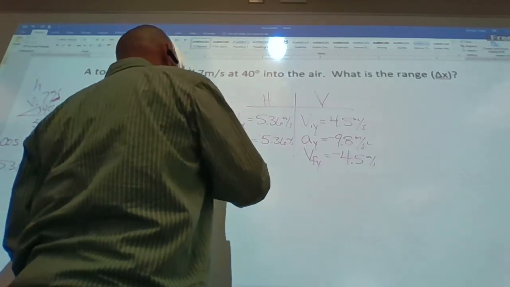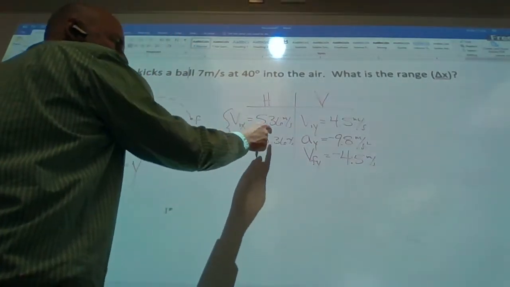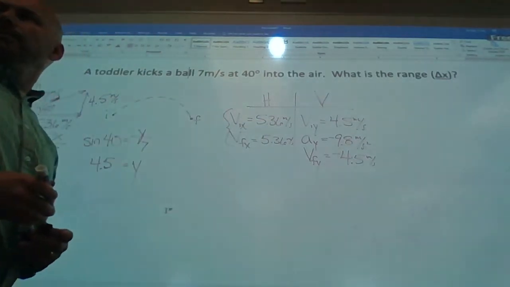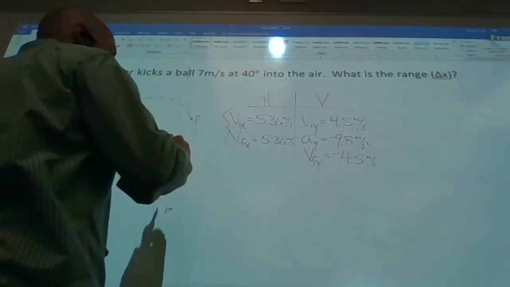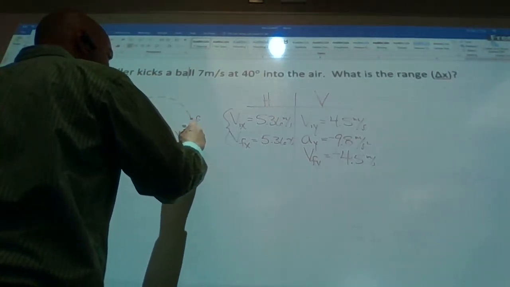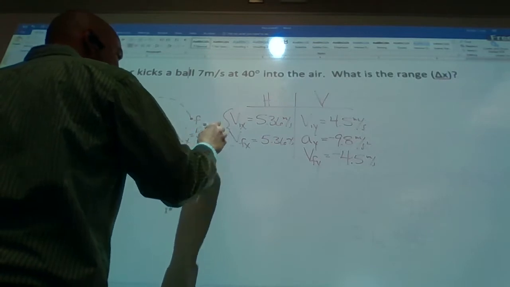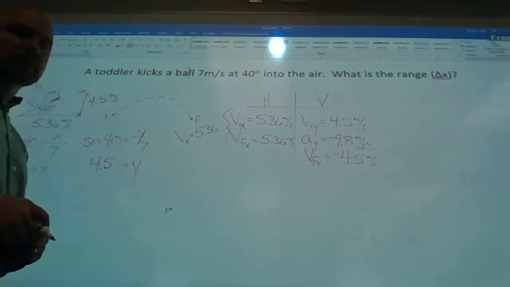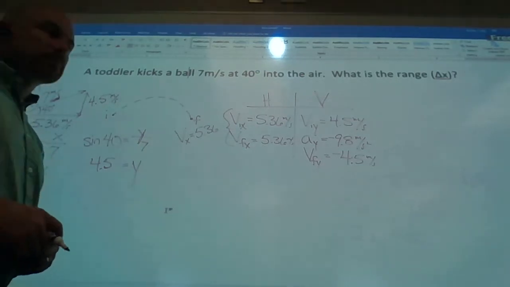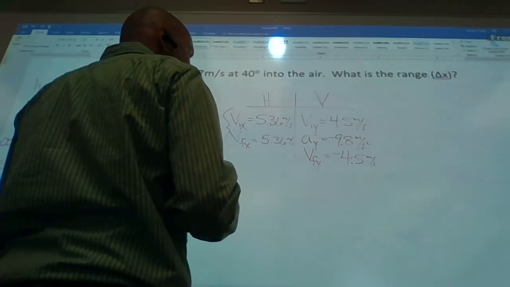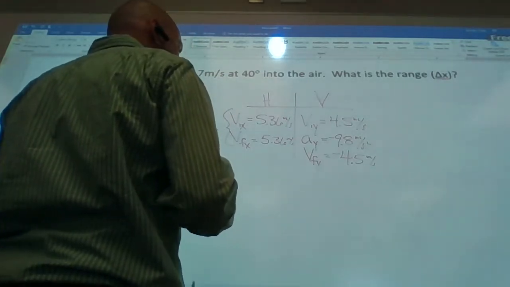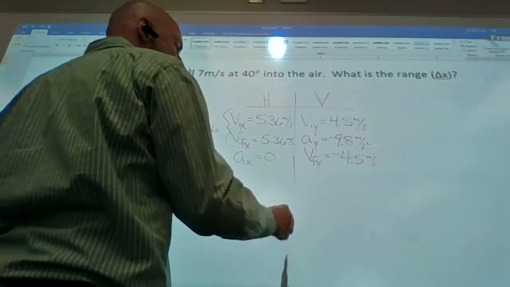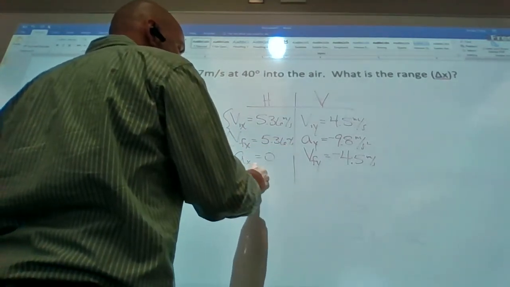If you wanted to lump this together, tell your neighbor why these are the same. If you wanted to say just horizontal velocity is 5.36, totally fine with that. Okay. If you wanted to say acceleration in the horizontal direction is equal to 0, you could do that as well. We're looking for delta x.